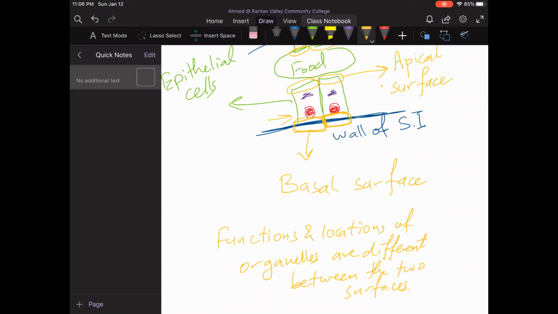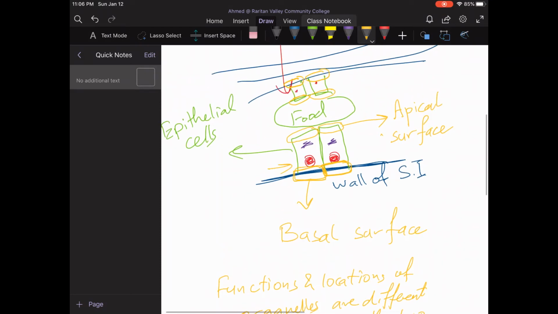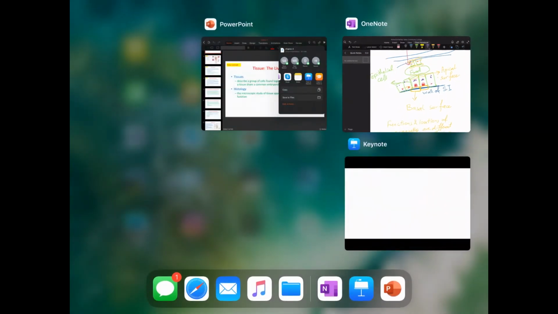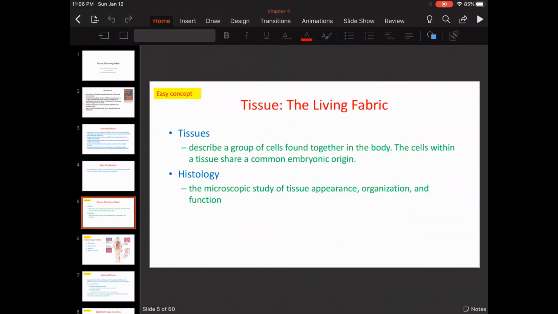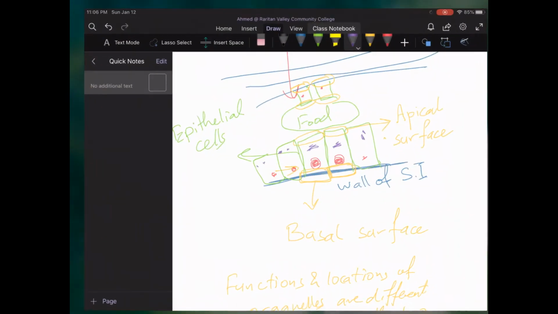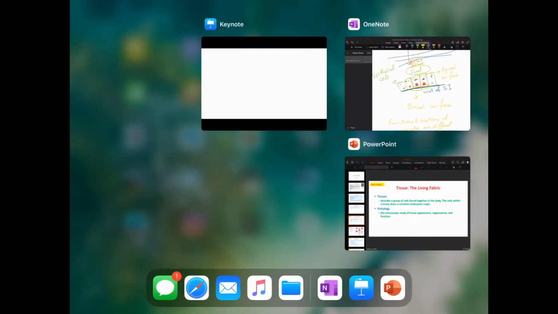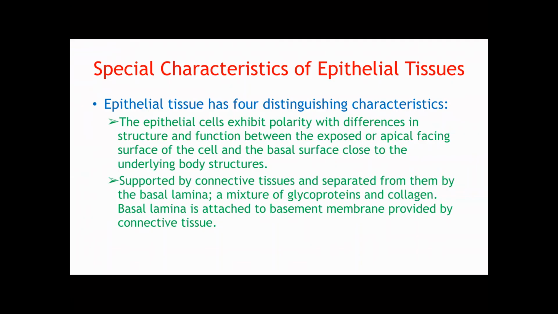Like, for example, in this case, we put the nuclei toward the bottom, so the nuclei are always going to be toward the bottom. So if we have like 100 million of these cells, their nuclei will always be like this, okay, and so on. Mitochondria might be toward the top, for example, okay, these are the mitochondria, and something like this. So this is the first characteristic.